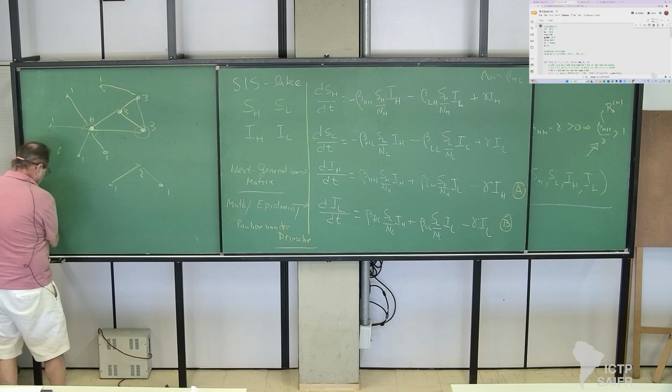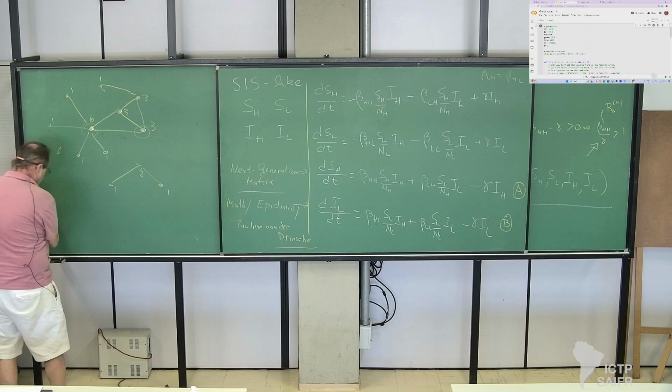Okay? The point is, if you do it in a more detailed way with all the possible contacts, then all possible degrees, then you have more equations and you have a bigger matrix of betas.